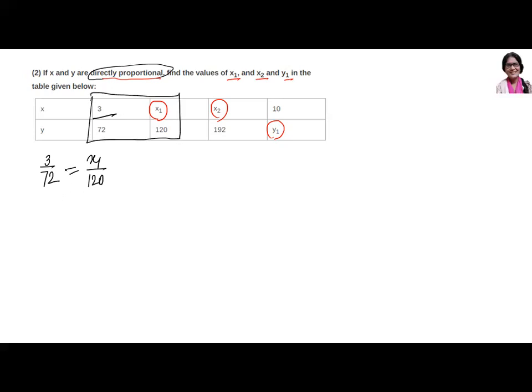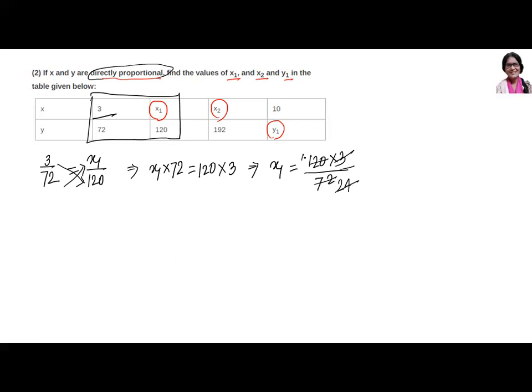You know how to solve it. You will cross multiply. So I'll get x1 multiplied by 72 is equal to 120 multiplied by 3, or x1 is equal to 120 multiplied by 3 upon 72. Now you cancel 3: 24, 3 times 24 is 72.